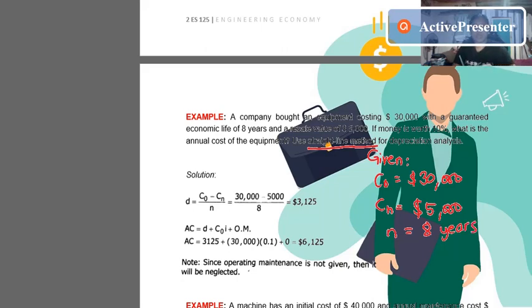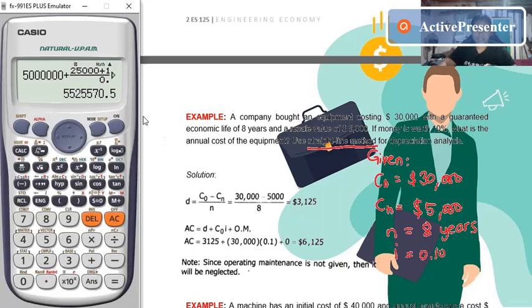So first, we need to solve for our depreciation. We have our I, which is 0.10. So in the straight line method, the formula for annual depreciation is CO minus CN over N. Since everything is given, we need to solve our annual depreciation, or D. We have 30,000 minus 5,000 divided by the number of years, which is the economic life of 8 years.